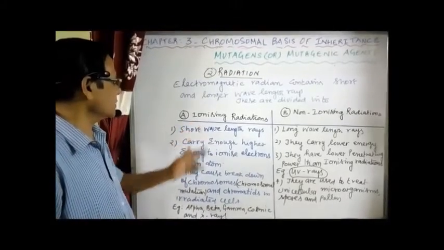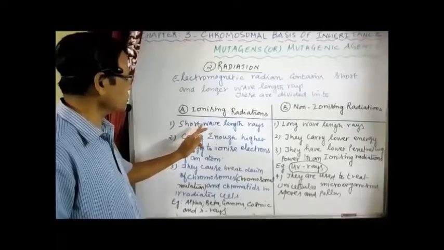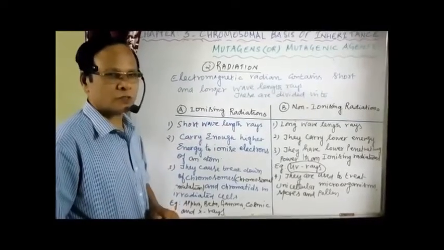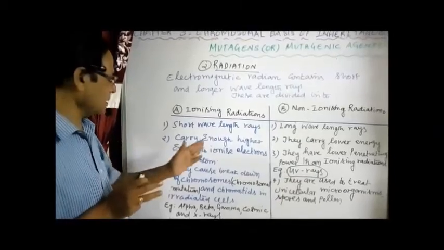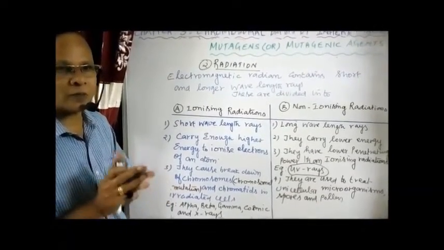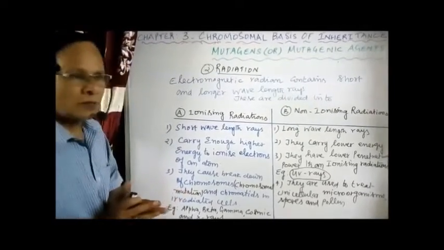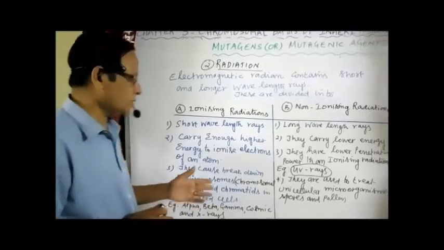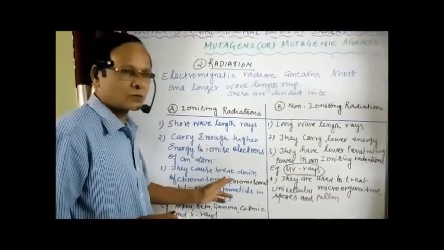What are ionizing radiations? These are all electromagnetic waves which have short wavelength rays. They carry enough higher energy to ionize electrons of an atom. The amount of energy present is higher, so that they normally cause the breakdown of chromosomes as well as chromatids.